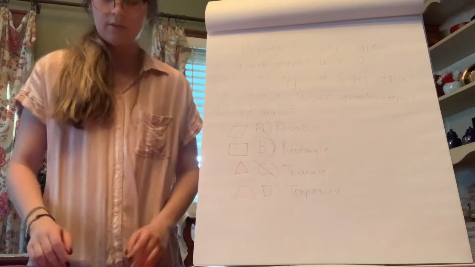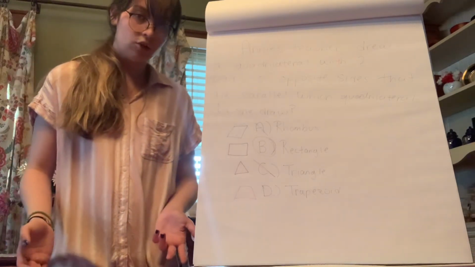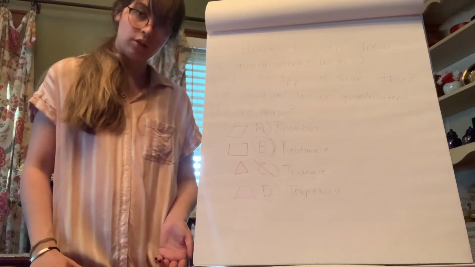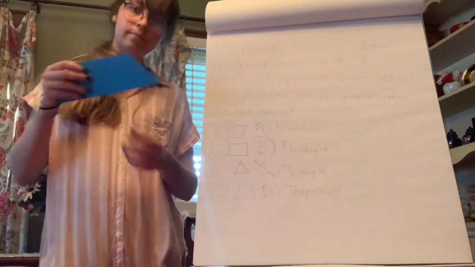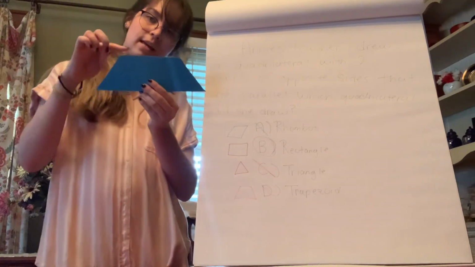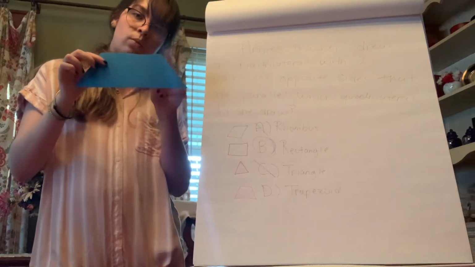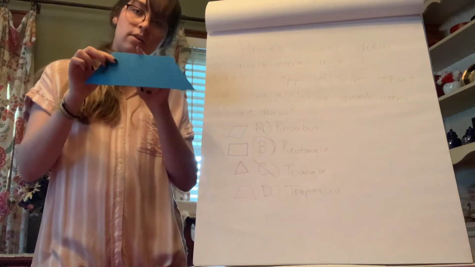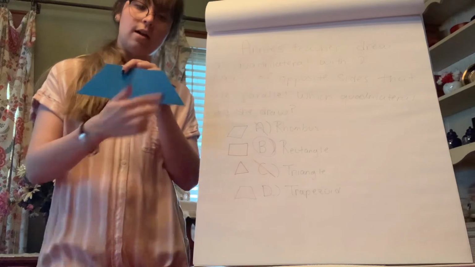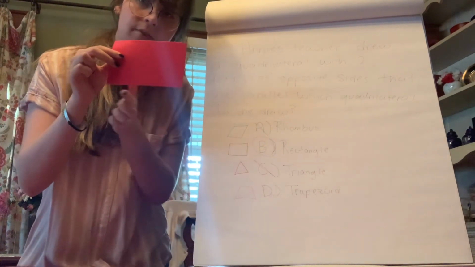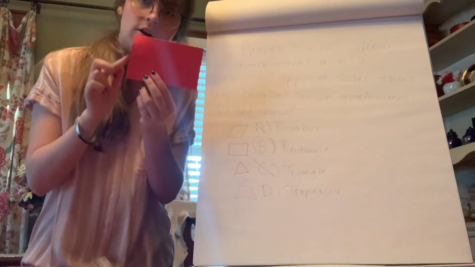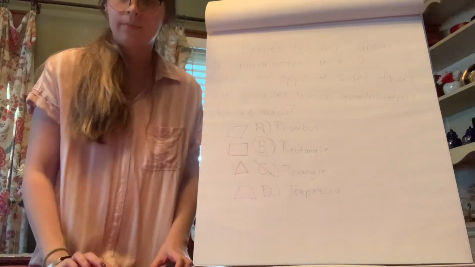We don't have a triangle because a triangle is not a quadrilateral. And then I also have a trapezoid. Students can see that only one side is parallel to another, not both, unlike the rectangle that has two pairs of sides that are parallel to each other.